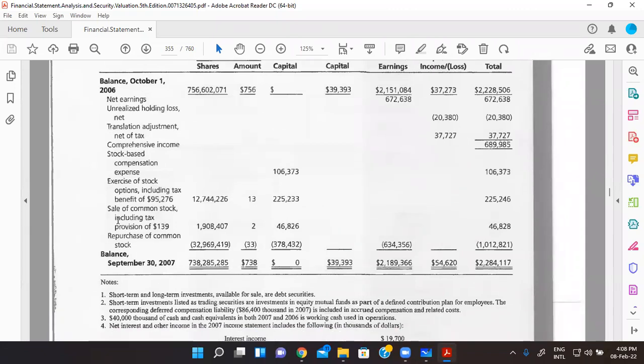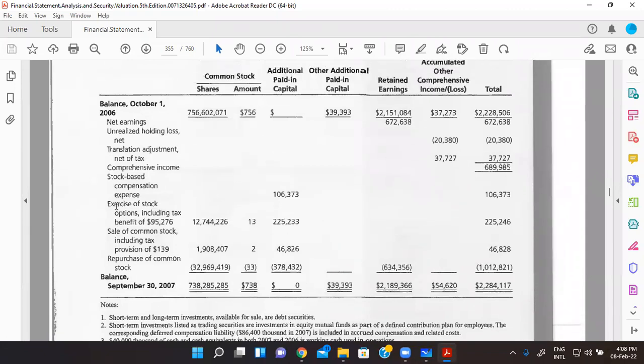Here you will see that we have stock-based compensation. We talked about how it creates a problem in liability analysis.